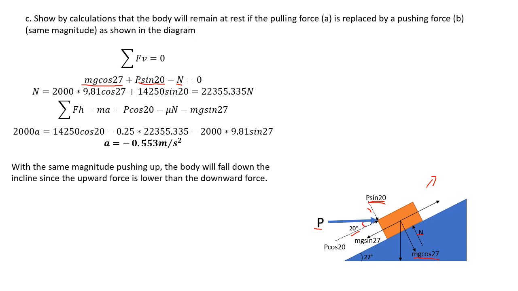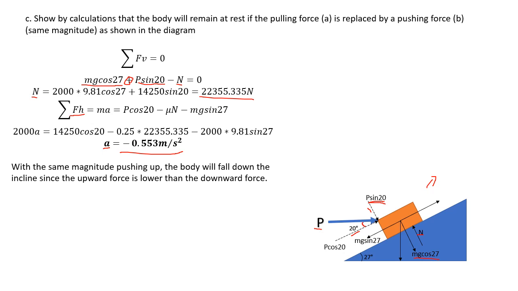Here we added the vertical component since it's going in the same direction, and we solve for the normal force. Now, the sum of horizontal forces. We put all of our known variables in and solve for acceleration, which is negative 0.553 meters per second squared.